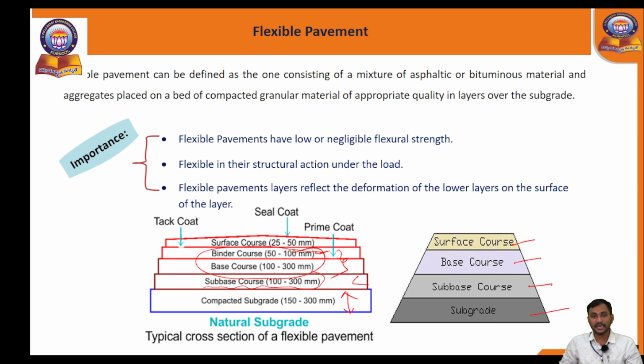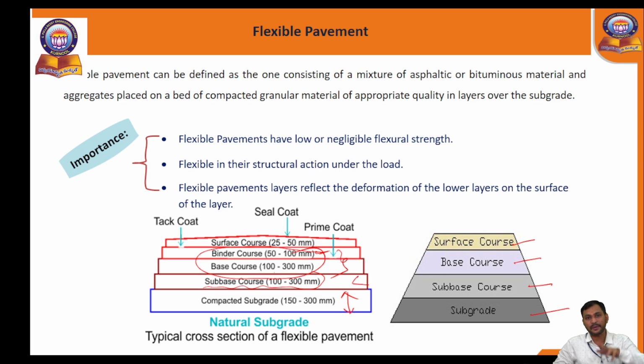These are some of the important points. When coming to the rigid pavements, they are very strong. Flexible pavement type roads are somewhat less strong, and they will need maintenance work every year.